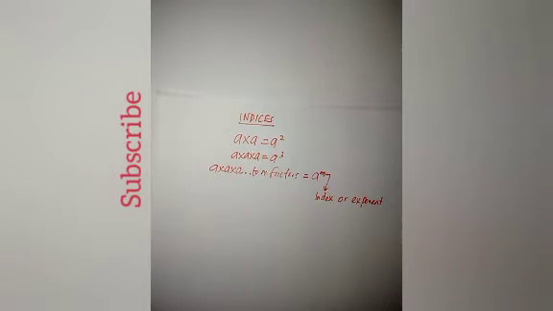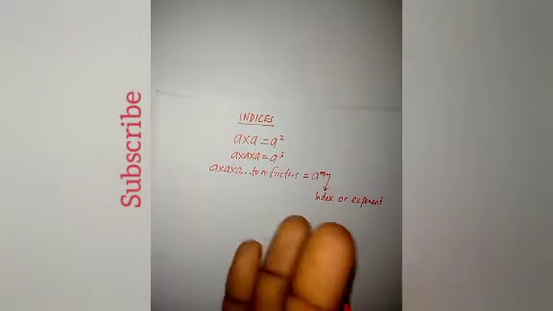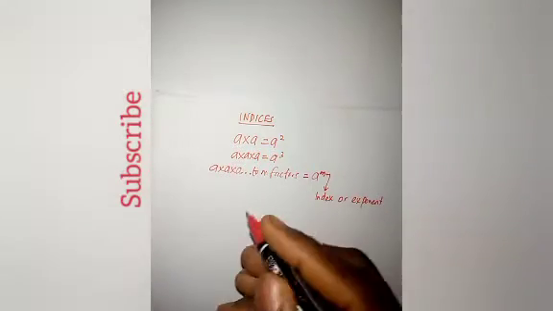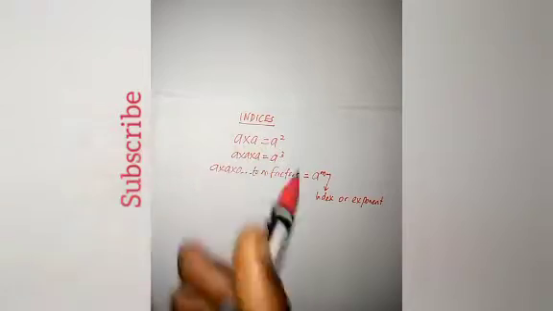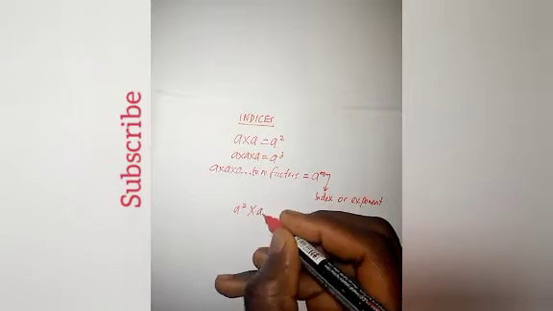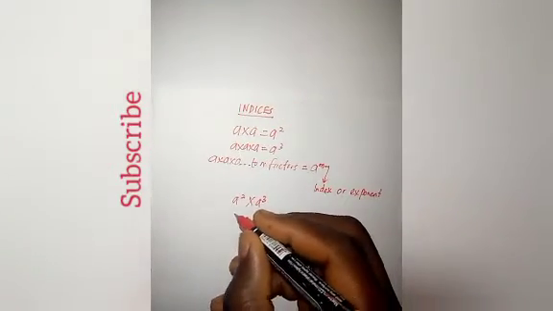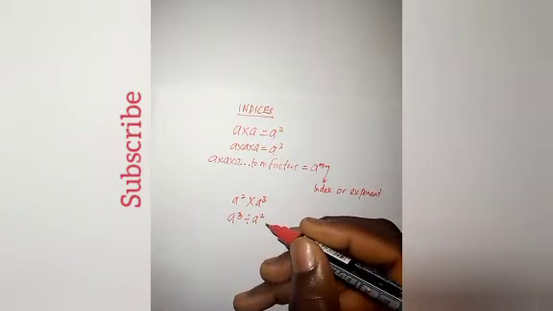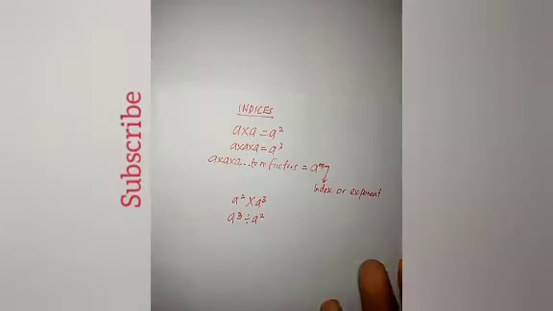When algebraic processes of multiplication and division are carried out with different powers of the same number, maybe a squared multiplied with a to the power of 3, or we decide to divide instead, we don't just perform the operation anyhow.